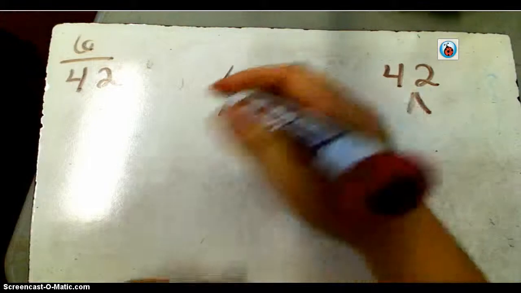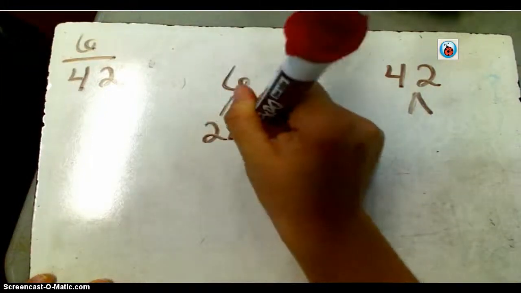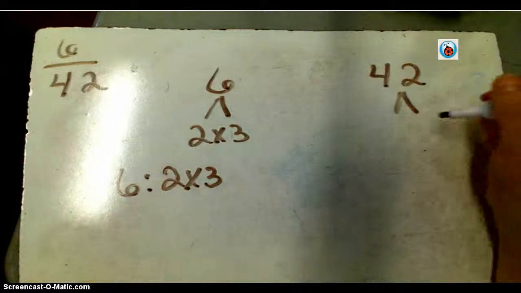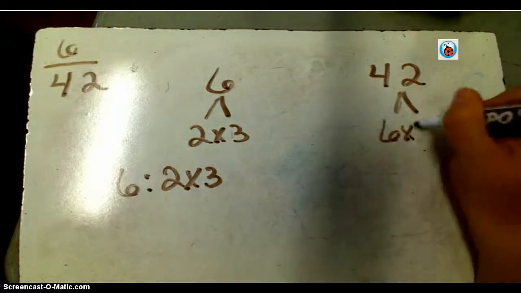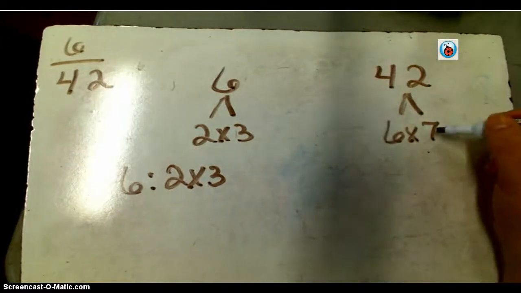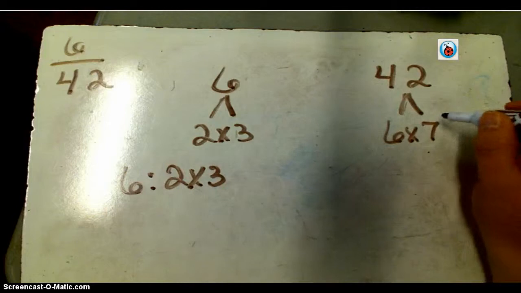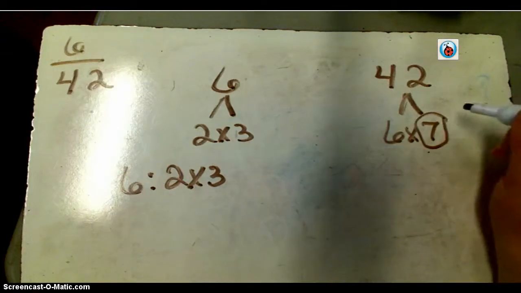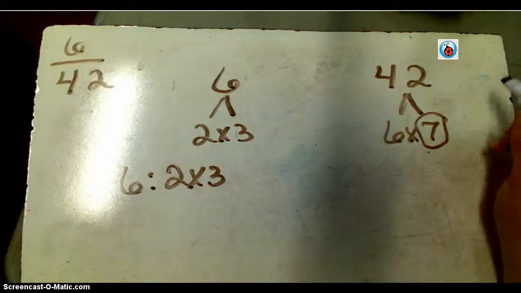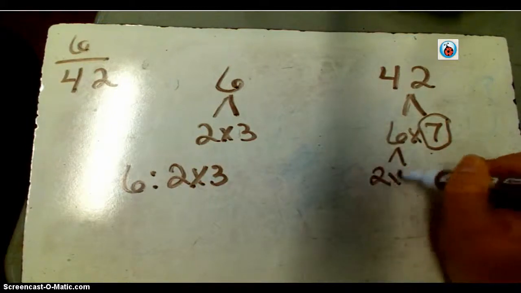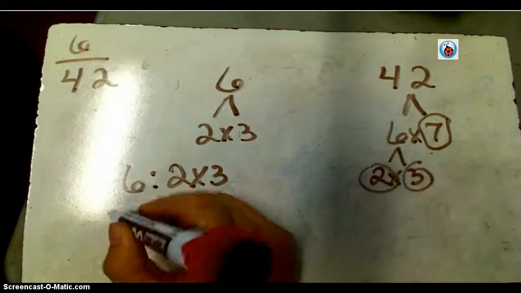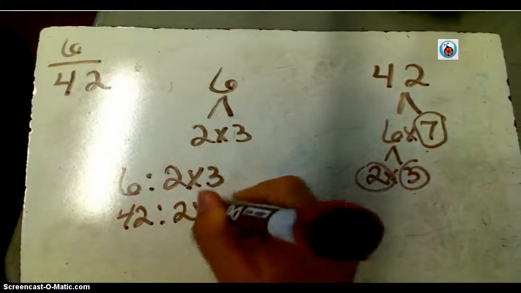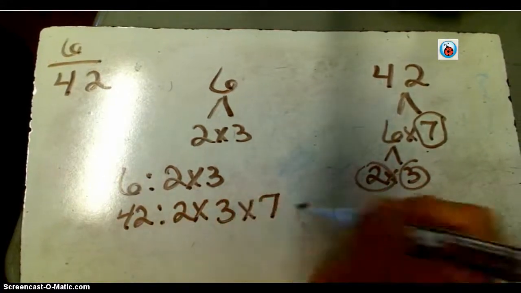6 breaks into, okay. 42 breaks into, is 7 prime? Yes. The only factors that go into 7 are 1 and 7. 6 is 2 and 3. Okay, so 42, my prime factorization is 2 times 3 times 7.